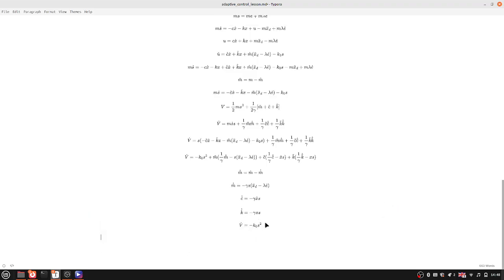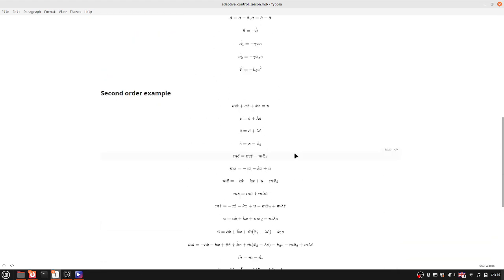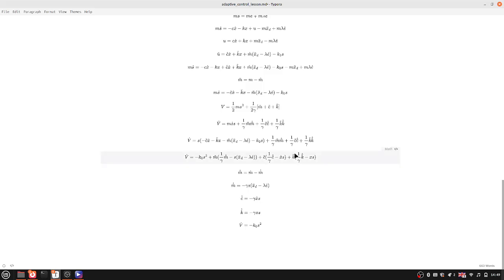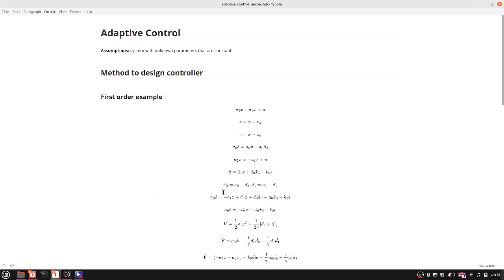This K0 is a controller gain that we choose, and everything in S is known. We work out S using E dot plus lambda E, and E is just the difference. So we would need to measure our current state, subtract our desired state, and find that error, and then we're all done. We can get S. So that's as far as you're going to get with this.